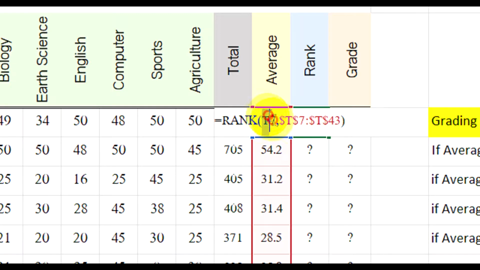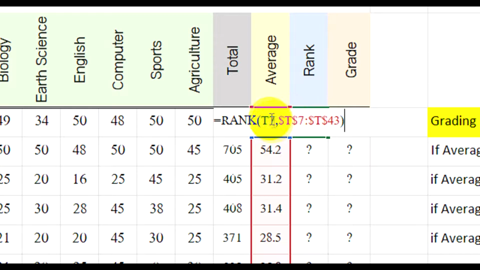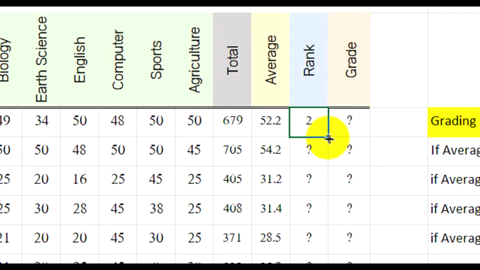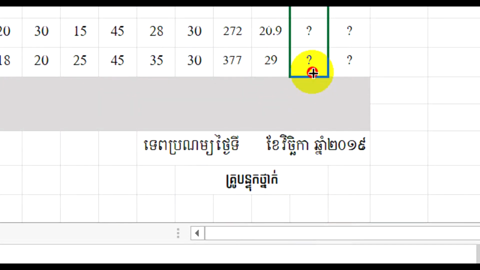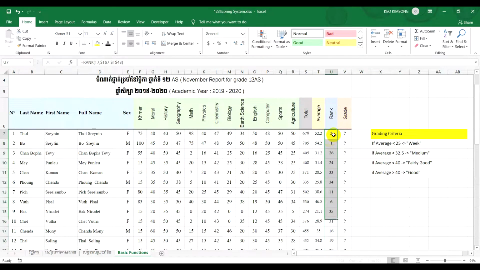Remember, the first cell address is the cell that you are going to compare with this group of cells. First, the value you need to compare, and then the group of values that you are going to compare it against. Press enter. Perfect. This is how to find rank.